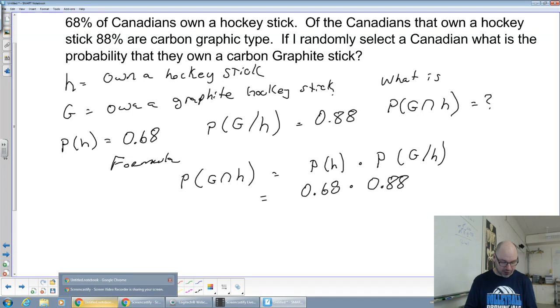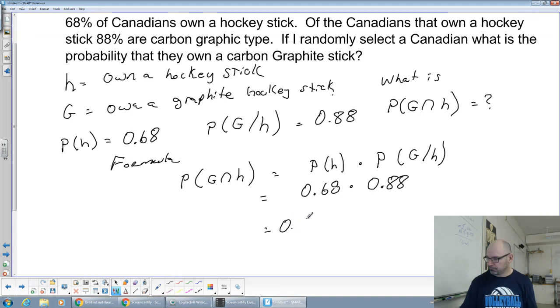0.68 times 0.88 equals 0.5984, sorry. Or if you like as a percentage, since the question was in percent to start with, 59.84%.